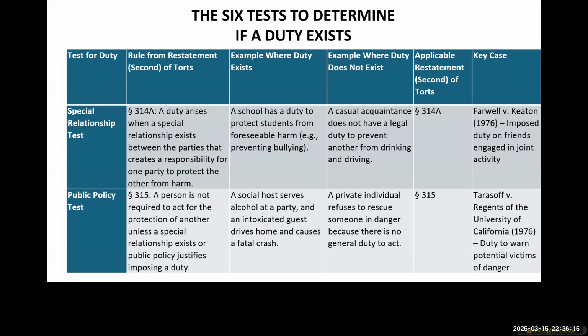Right? Does the law impose a legal obligation for the defendant to conform their action, their behavior, their conduct to a certain standard?